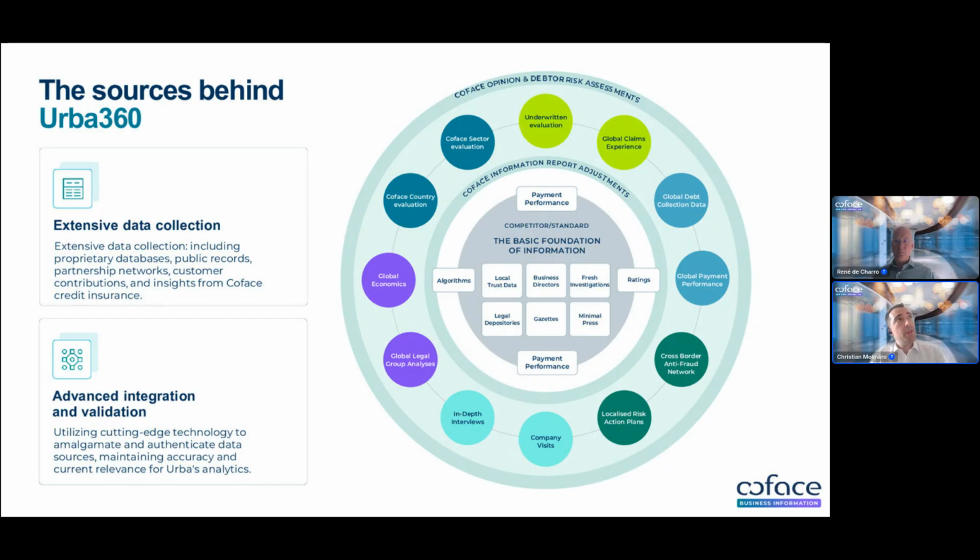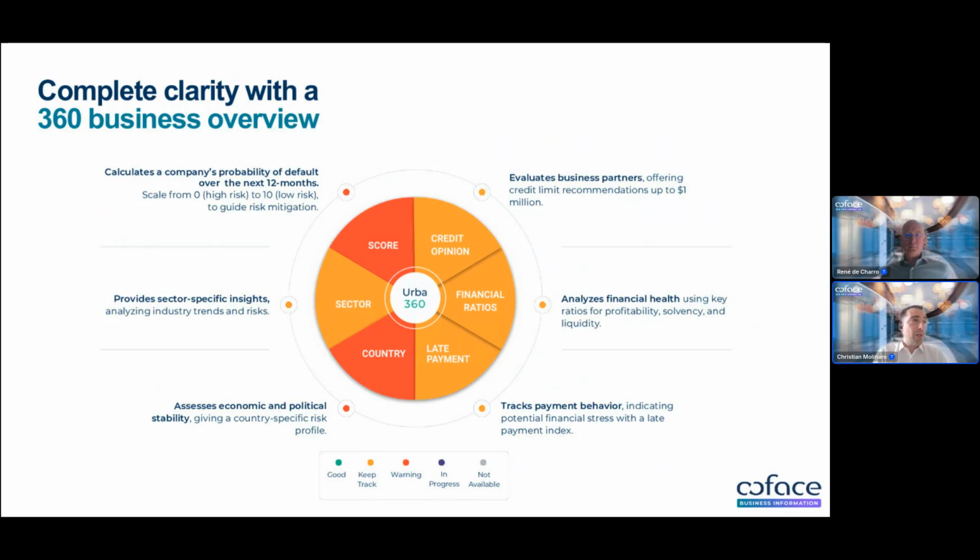When we think about Urba 360s, the idea is to bring all this information in a platform. So a platform where you can see immediately which is the situation of each of your counterparties. And Urba is an ecosystem where you can see the situation of one of your company, of your suppliers, for example, competitor, whatever you want, and you have 6 different information based on this counterparty.